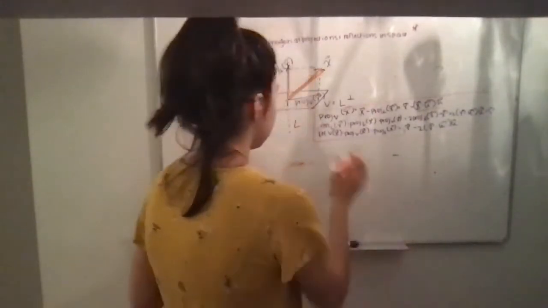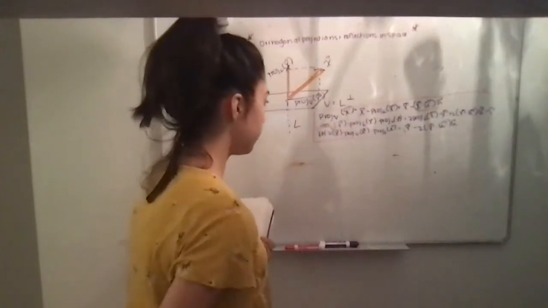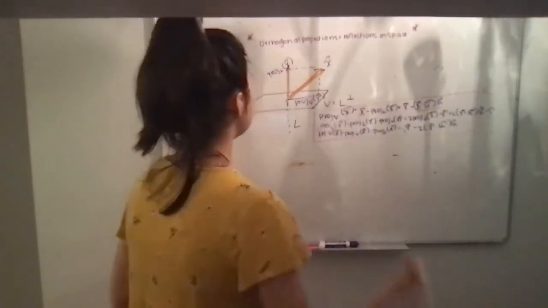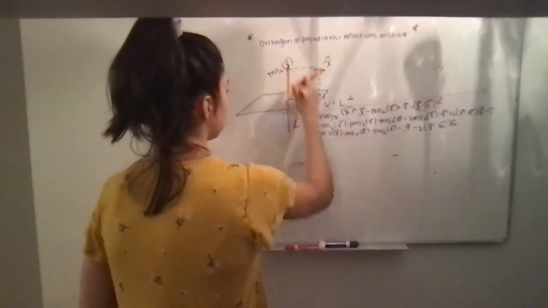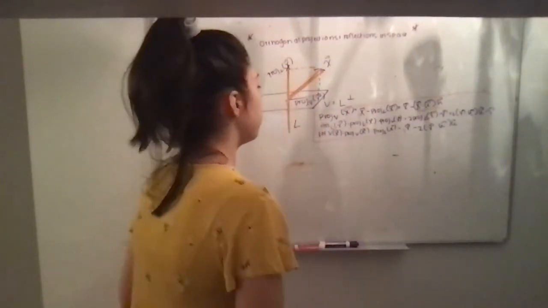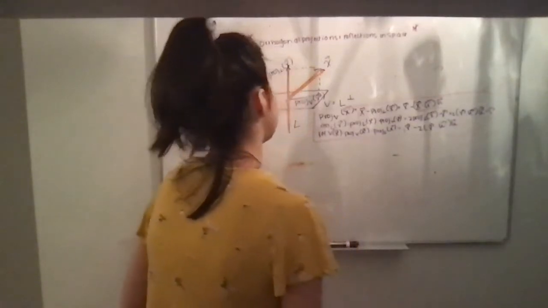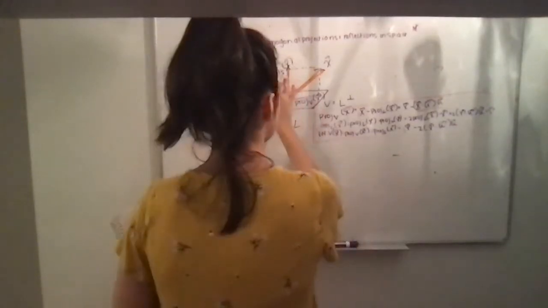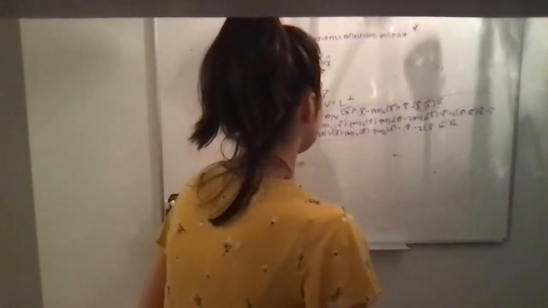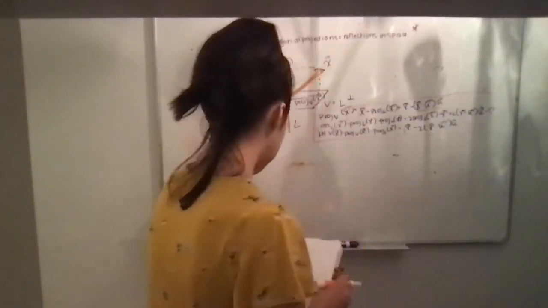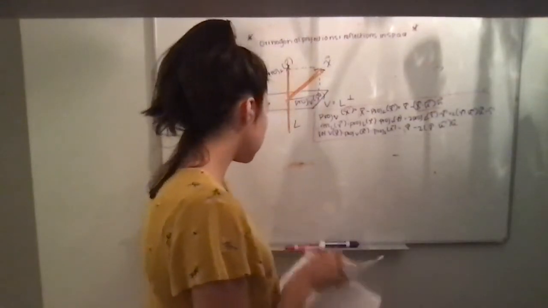So the next one is the reflection over L of x. If we're trying to reflect it over this line, then that's going to be equal to the projection onto L of x minus, oh wait, that shouldn't say that. I think I wrote that wrong.